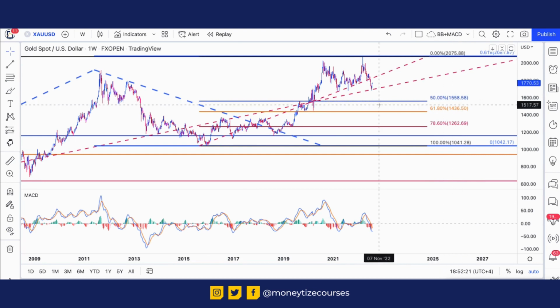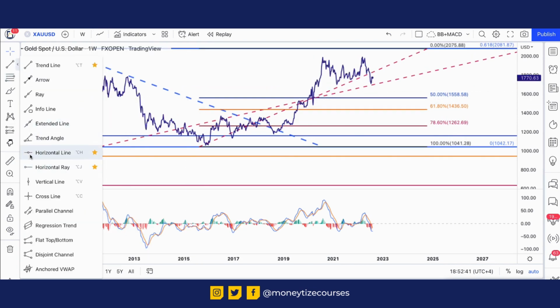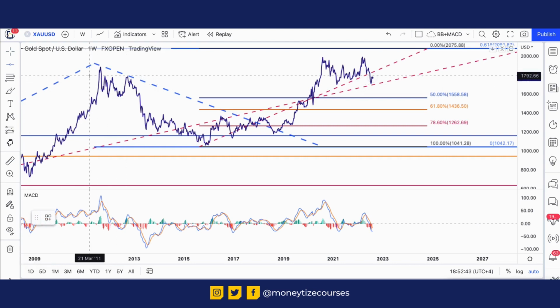So this is the longer term scenario. So maybe if gold starts continuing downwards, it may reach 1558 in the coming months. But what's going on right now? Let's turn it into a line chart, and I'm going to plot the support and resistance levels based on this.